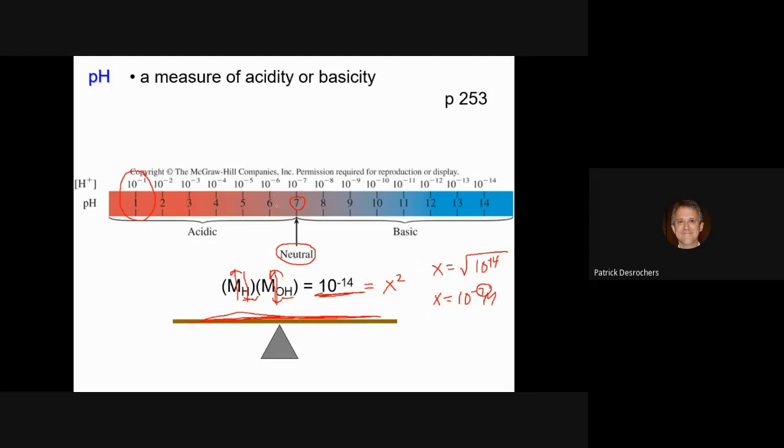And so I got to ask you, do you see any relationship between these numbers and the H plus concentration? Is there any relationship to it? Is this 7, does it look anything like 10 to the minus 7? How is it related? You can see it.